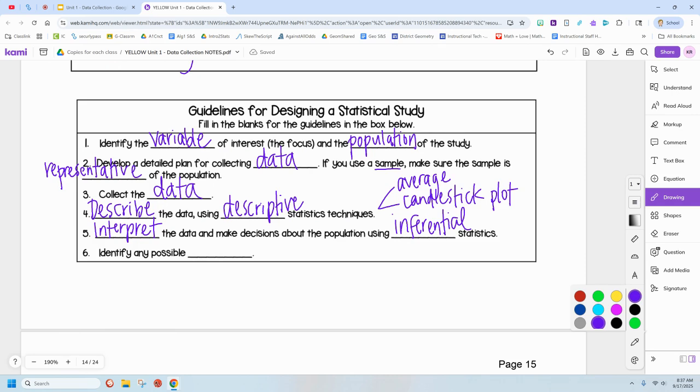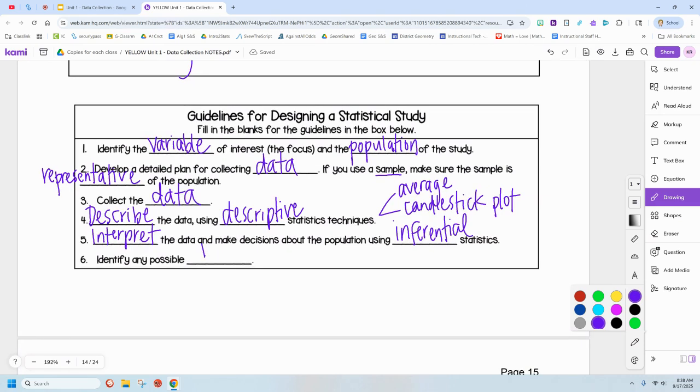So remember, that's the idea of making predictions and helps us make decisions. And we did figure out what the yield was, but we also figured out that the river had an influence. And then we had to maybe just identify any possible errors in our statistical study.